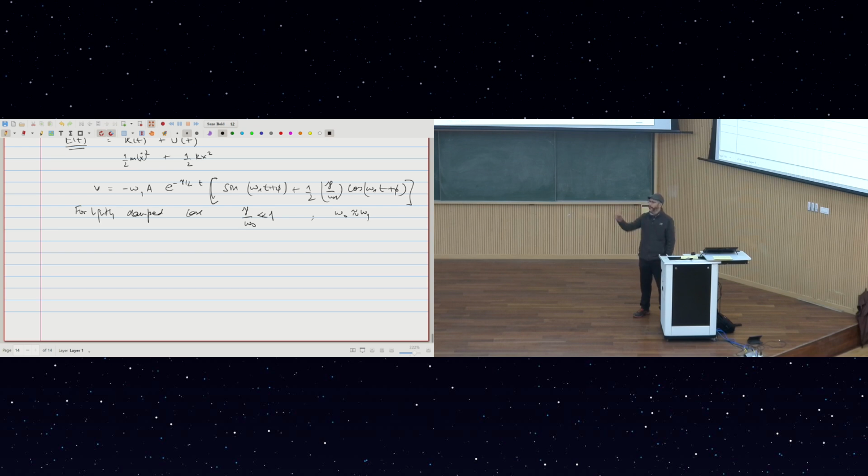Amplitude dies down with time, that is what we noticed for this particular case of the underdamped situation, but we also see that the frequency changes. But when the situation is lightly damped, that is, gamma is much smaller than omega naught, then omega naught and omega 1 are almost the same. So whatever the natural frequency of the system was when there was no damping is approximately the same as the natural frequency when the system has some damping.